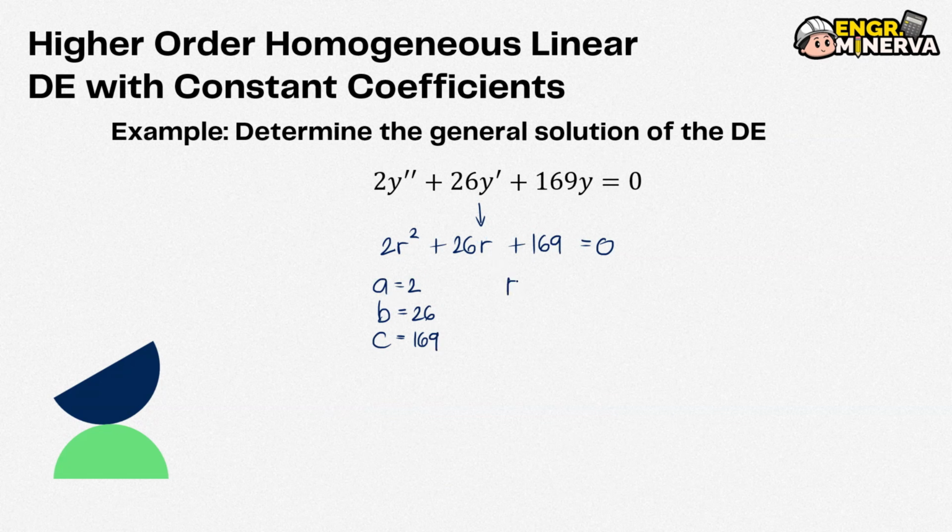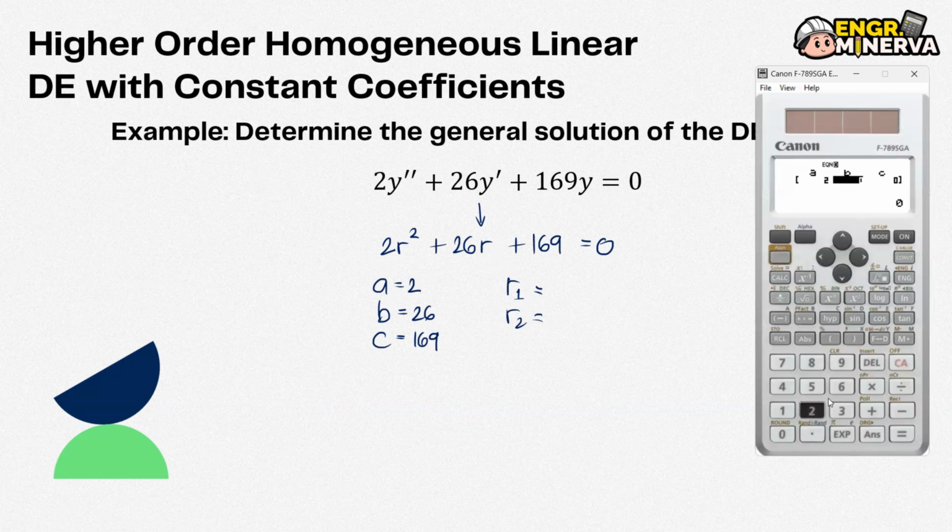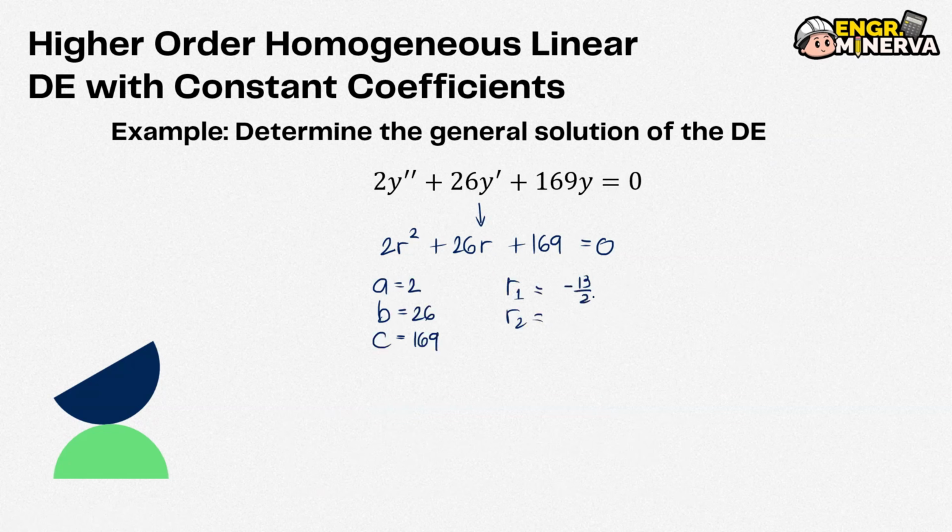So what would be the roots? That is negative 13 over 2 plus 13 over 2 i, and negative 13 over 2 minus 13 over 2 i.